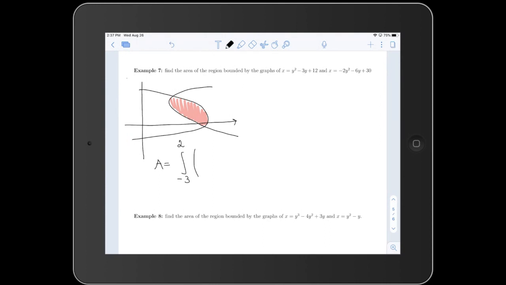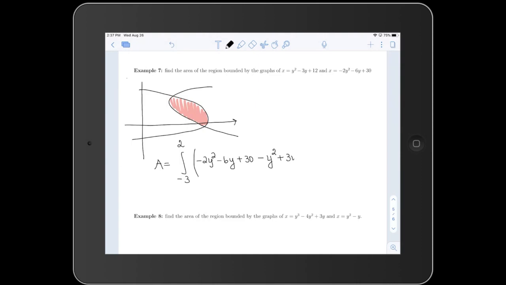And what do you guys get for your integrand? The top function is -2y squared minus 6y plus 30. Then the bottom is the other one, right? So this would be minus, minus 3y minus y squared plus 3y minus 12 dy.